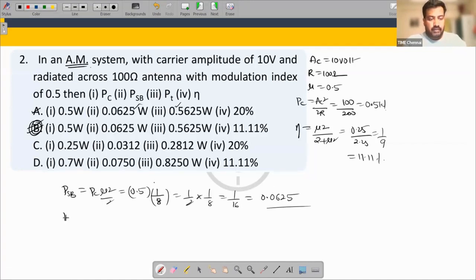That's sideband power. Total power is 0.5 plus 0.0625. It's 0.5625. Therefore, option B is the answer.